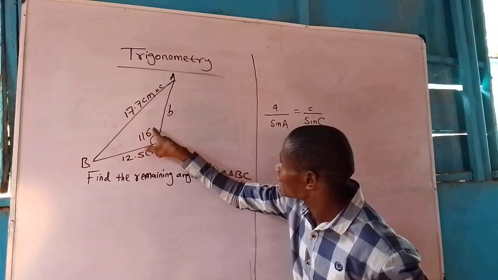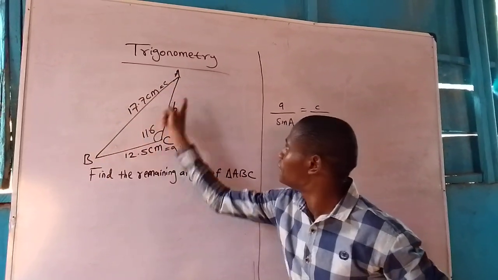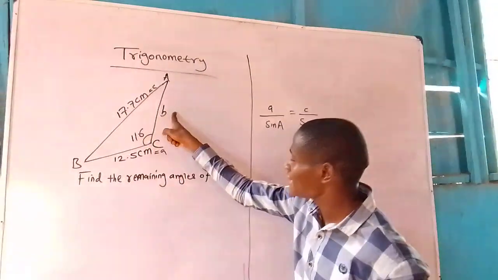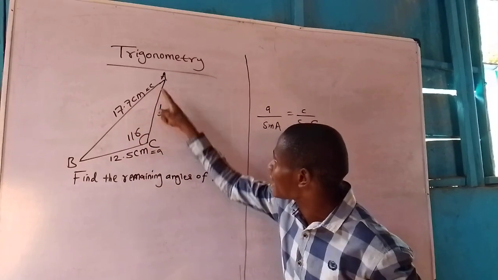It is this C that has angle and dimension. That's why I didn't choose b over sine B, because this side is not given and the angle is not given. Let us use this one and solve.